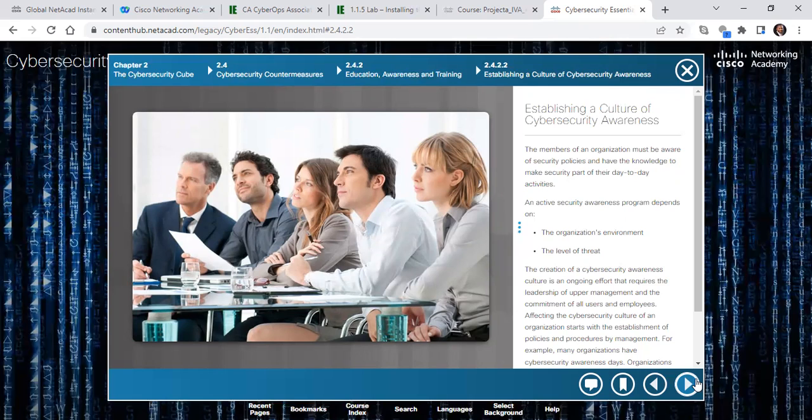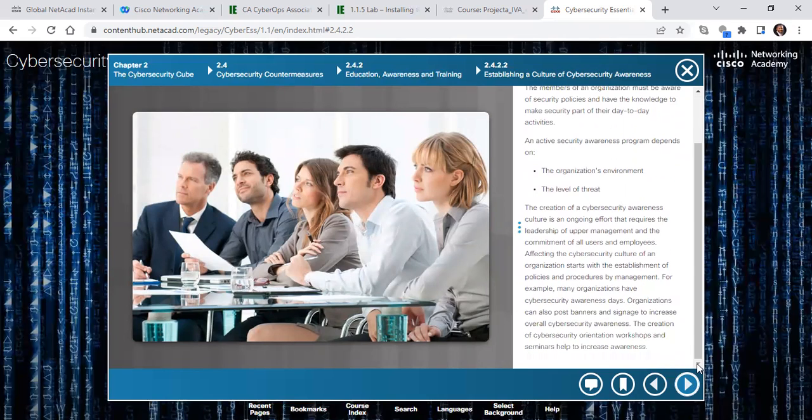An active security awareness program depends on the organization's environment and the level of threats they have. The creation of a cybersecurity awareness culture is an ongoing effort that requires the leadership of upper management and the commitment of all users and employees.